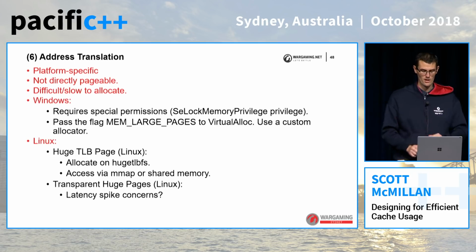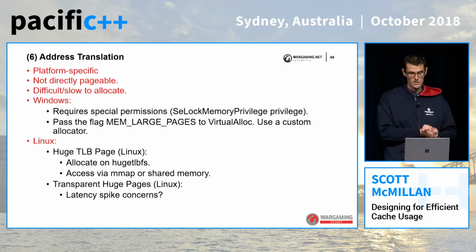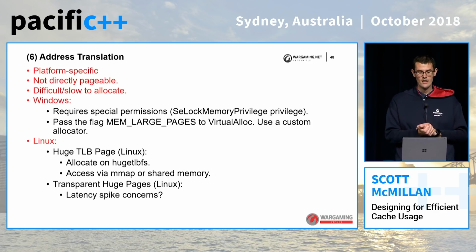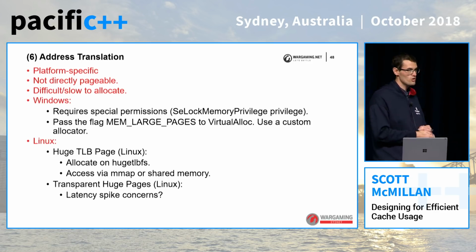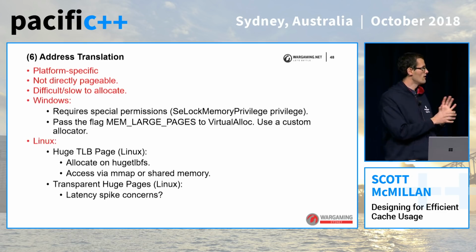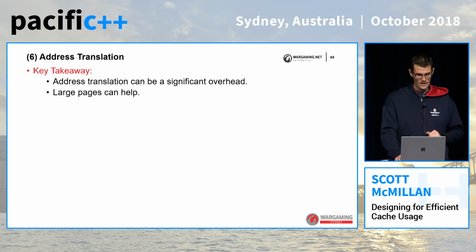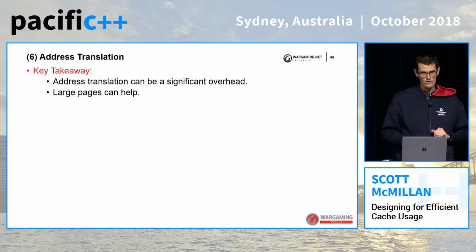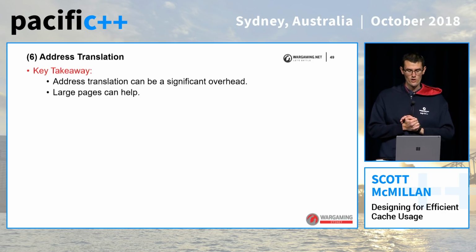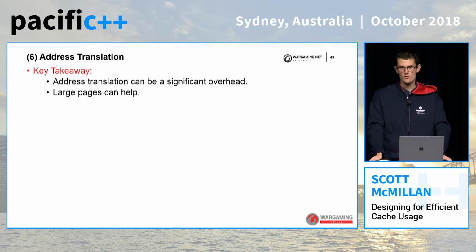contiguous physical memory. I don't have practical experience with it, but the situation on Linux using huge TLB pages sounds fairly similar. There is transparent huge page support, but it sounds like there are some considerations in using that too. So the key takeaway here is that address translation can be a significant cost. Consider using large pages for maximum performance if it makes sense for your application.